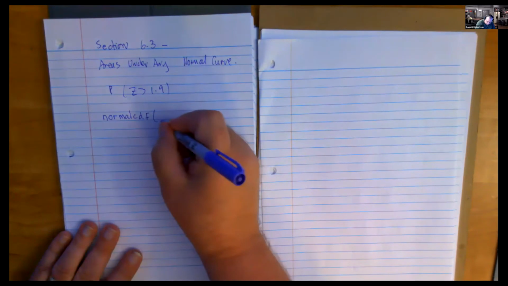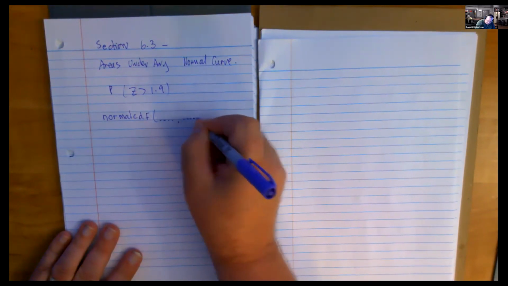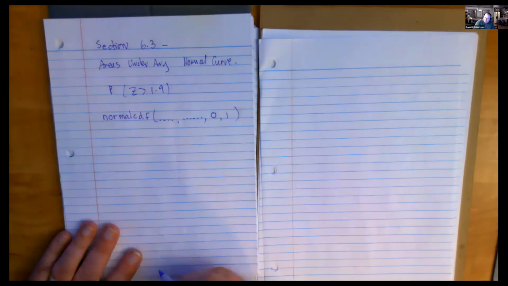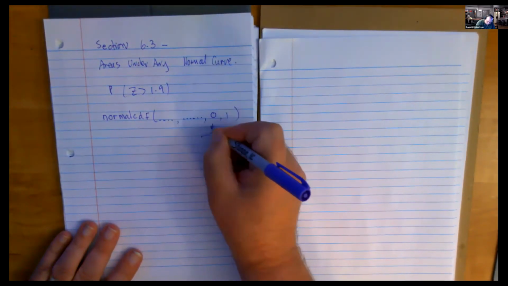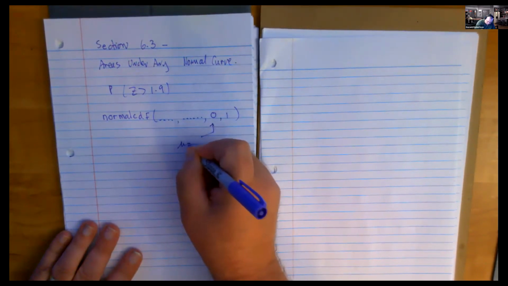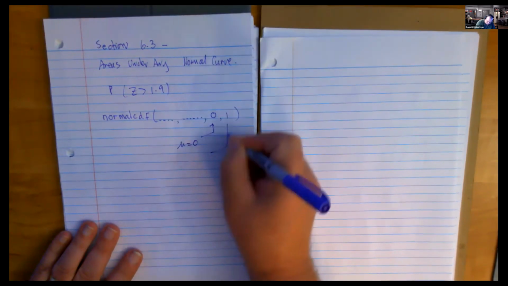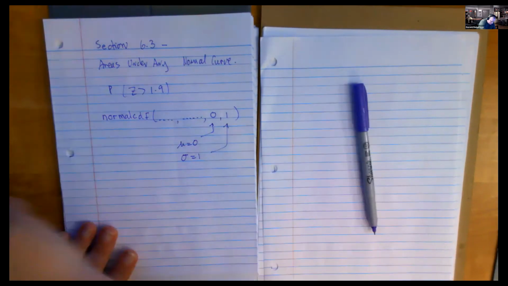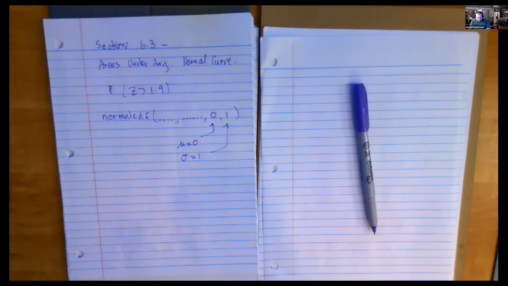And there were 4 numbers, but weren't the last 2 numbers 0 and 1? This was 0 because that's the mean of a z-score, and this is 1 because that was the standard deviation of the z-score. And for completeness' sake, I should fill in the other 2 numbers.